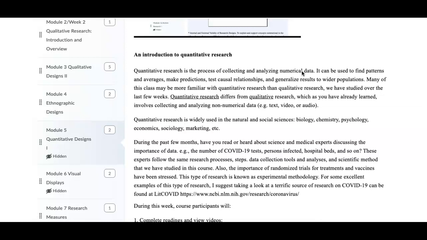Because in certain ways it seems a little bit wishy-washy, not as concrete as some other forms of research. That can be the case, but in quantitative research, it's very prescribed.